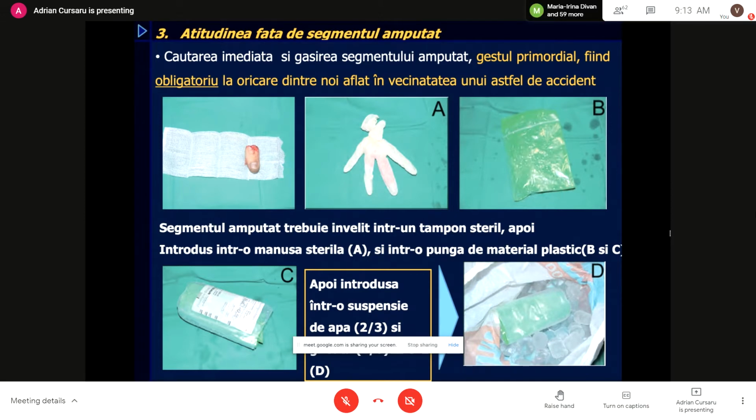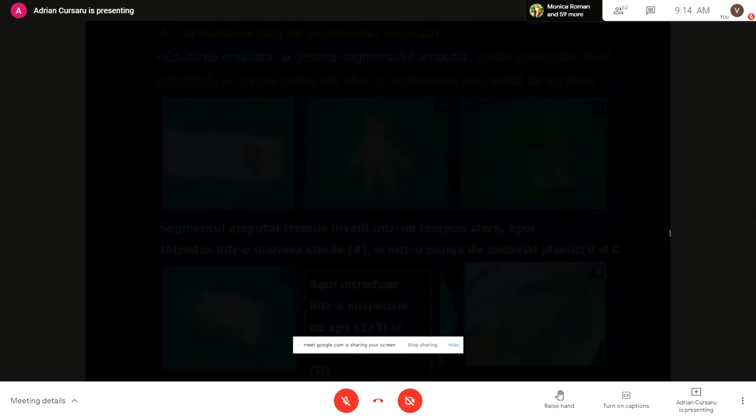You have to put that segment in a cloth, and it is very important not to put ice on the segment, not to touch the ice with the segment. That is very important. The time between when that segment is amputated and the time we intervene in our hospital, in our clinic.